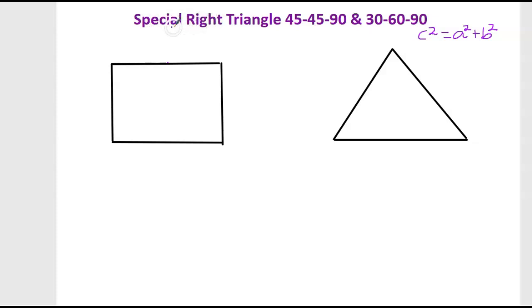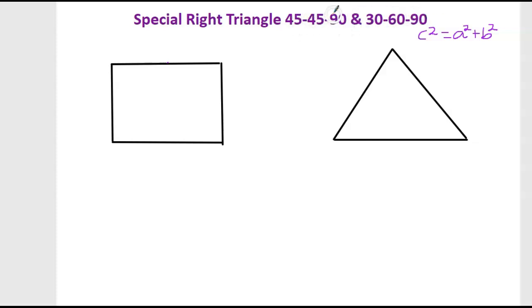Hi, we are looking at special right triangles, which are 45-45-90 and 30-60-90. We have already done a video on the Pythagorean theorem, but this is a special right triangle. The Pythagorean theorem works on a right triangle, which is a triangle with a 90 degree angle in it.